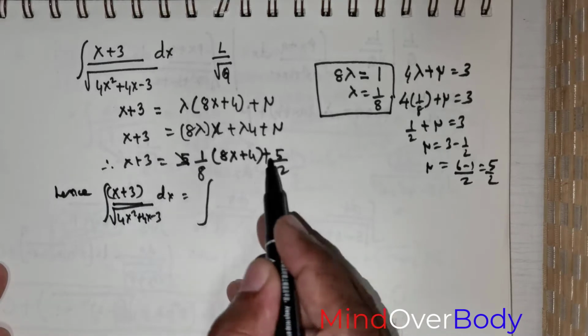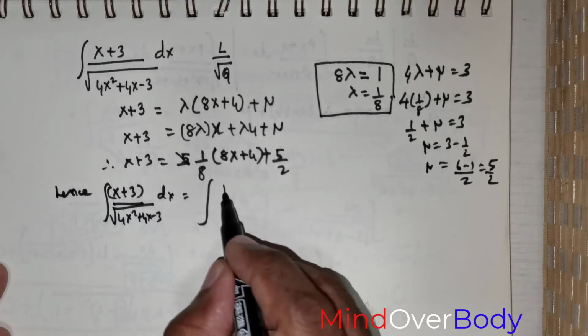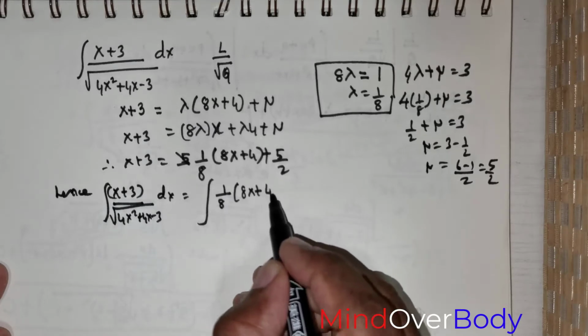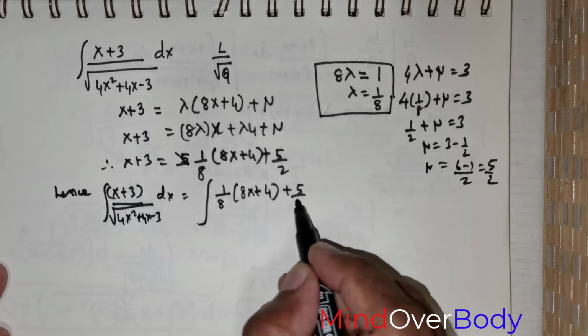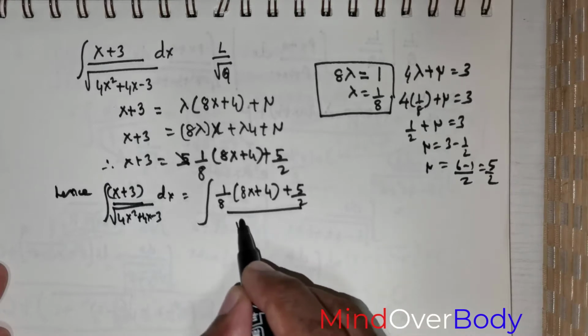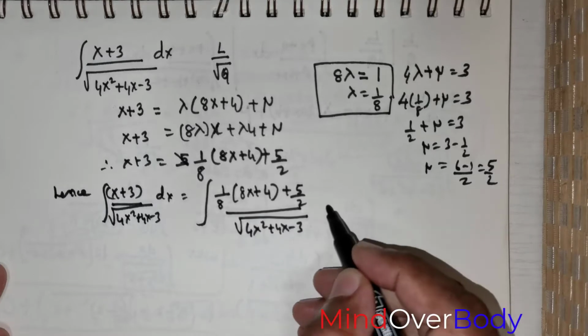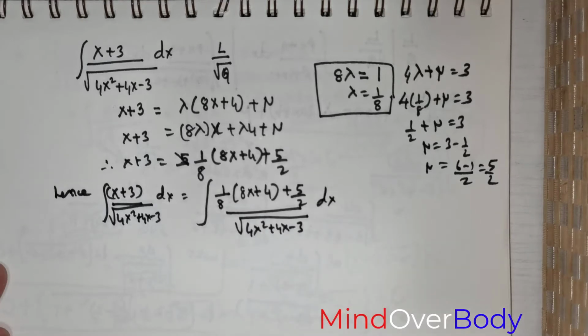In place of the numerator I will substitute the quantity on the right hand side. It's going to be 1 over 8 of 8 times x plus 4 plus 5 over 2, over the square root of 4 times x squared plus 4x minus 3, and you got the dx operator there.